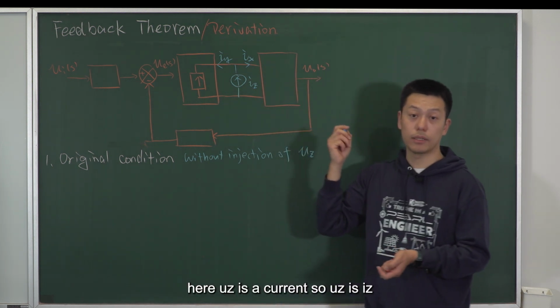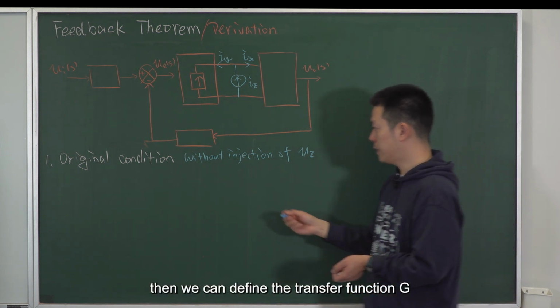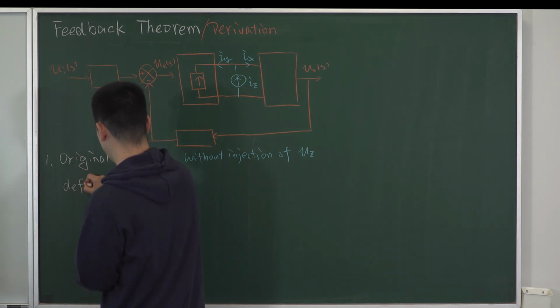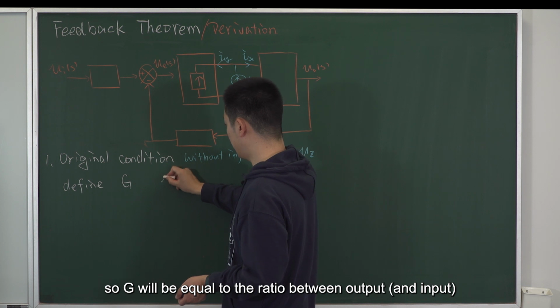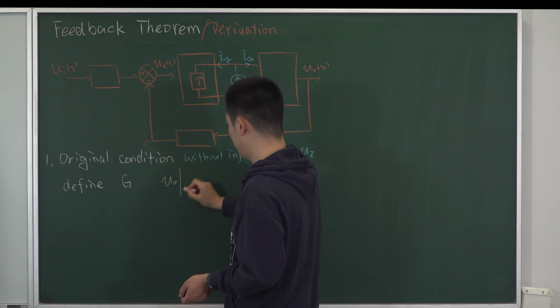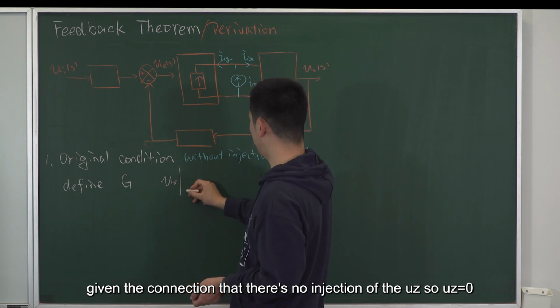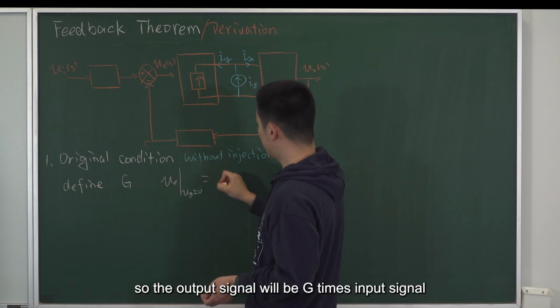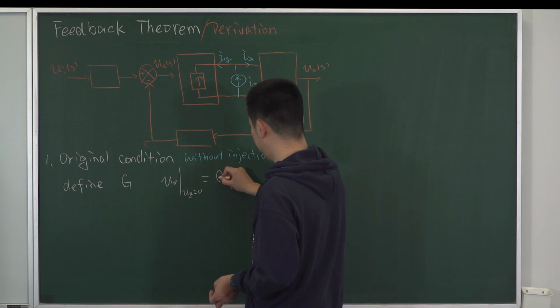Here, UZ is the current, so UZ is IZ. Then we can define the transfer function G. So G will be equal to the ratio of the output to the input, given the condition that there is no injection of UZ, so UZ equals 0. So the output signal will be G times the input signal.